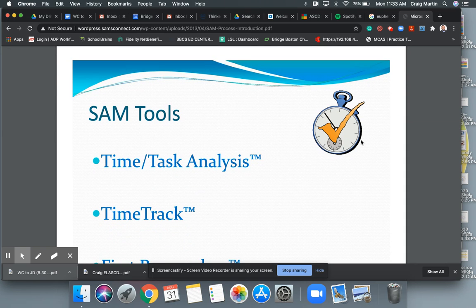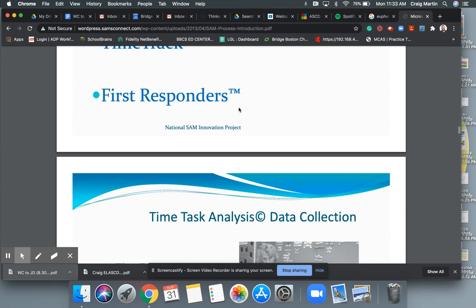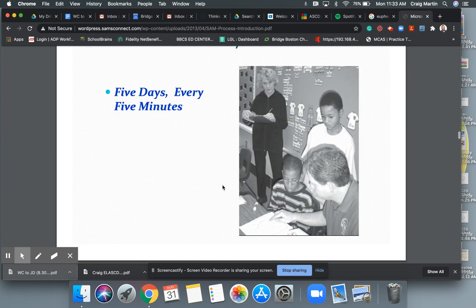I participated in this program that had a time track tool. The first responders aspect is super important: people who are able to help navigate for you and take on responsibility so it doesn't suck up your time. You and I will get to a point where we talk about that.